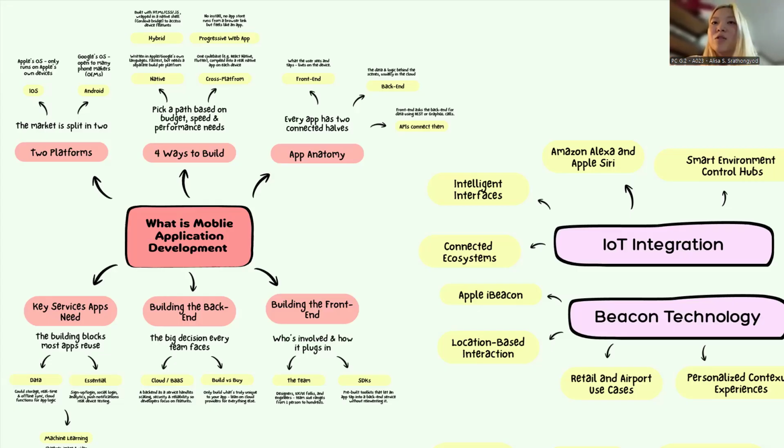Many companies choose cloud services because they are secure, reliable, and can handle many users. And most mobile apps need common features such as user login, push notifications, analytics, cloud storage, and data syncing. Many modern apps also include AI features like chatbots, speech recognition, and image recognition. That's pretty much it for mobile application development.